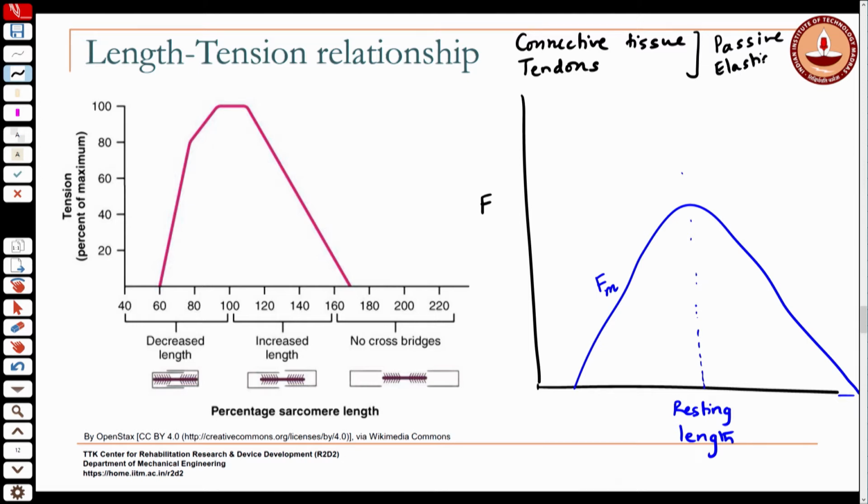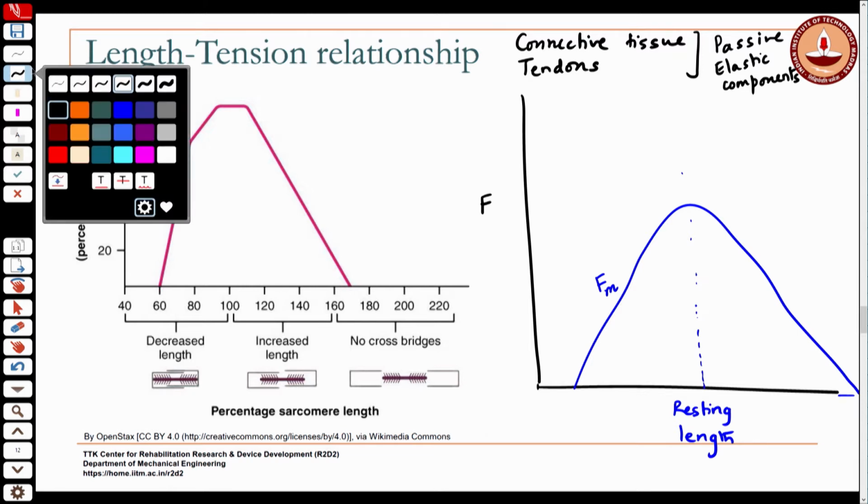And the muscle is your active component. So, this blue is the muscle's active component.